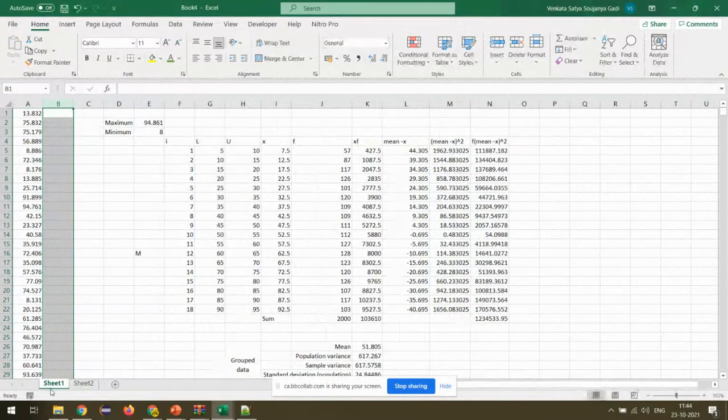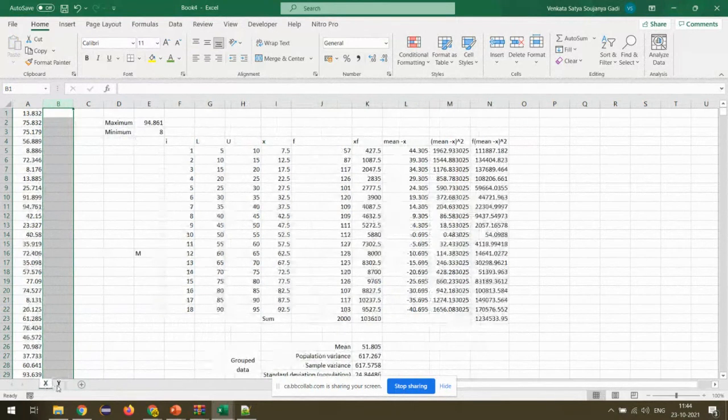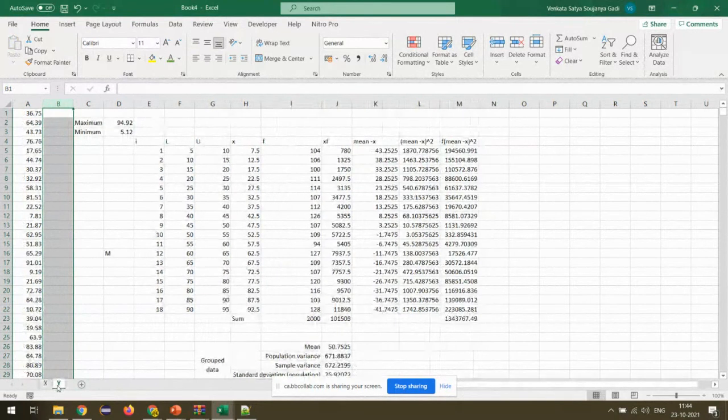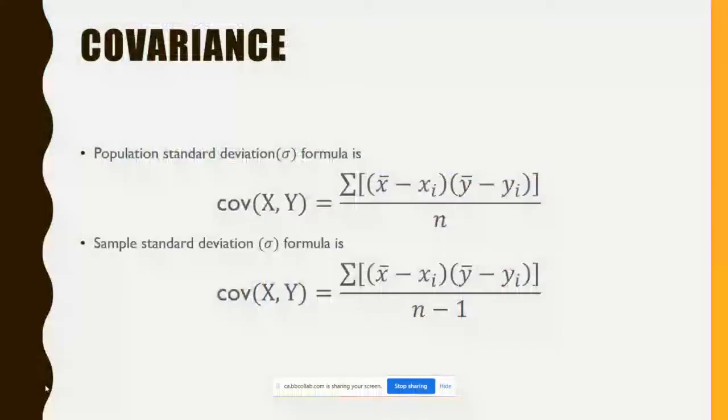So this is, let us say, variable x. This is variable x. This is variable y. So we have two variables, right? So when we have two variables, we can do some calculations. And what are the calculations we can do? We can find covariance and the coefficient of correlation. What does it mean?